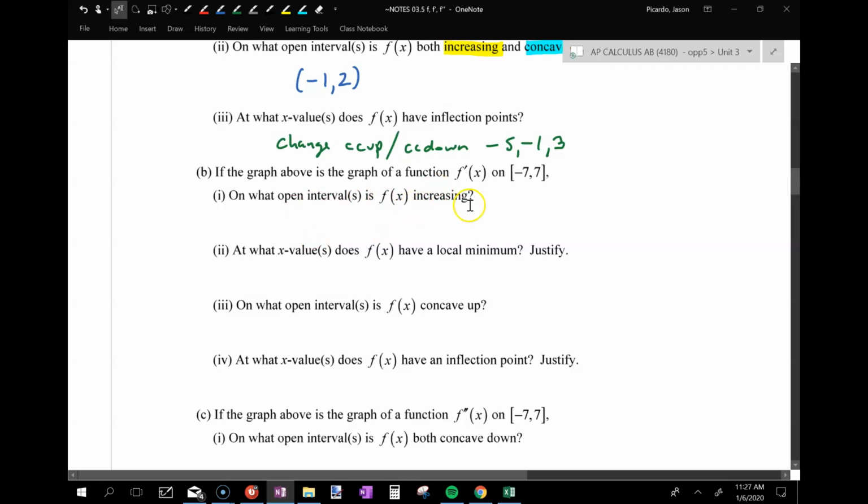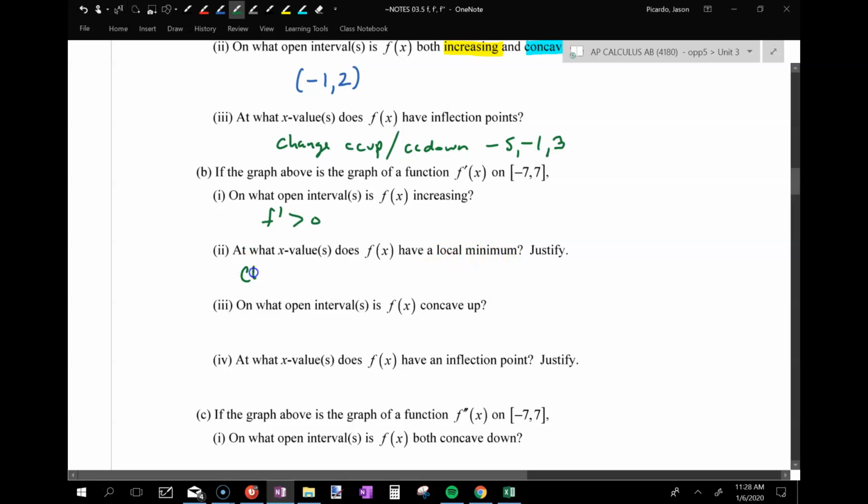What's going on right now? Where is a graph increasing? Just answer the question. A graph is increasing when? Give it to me algebraically. What is greater than 0? F prime is greater than 0. When the derivative is greater than 0, I'm increasing, right? When do I have a local minimum?